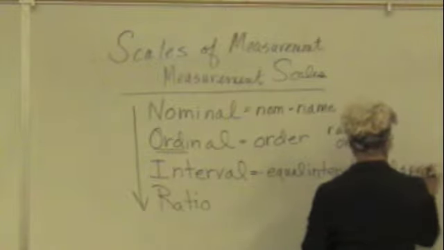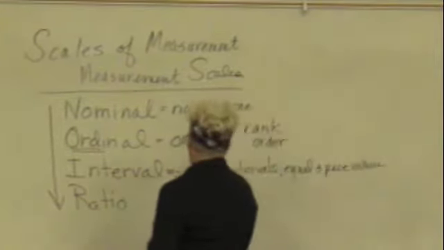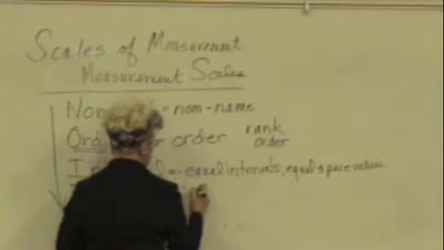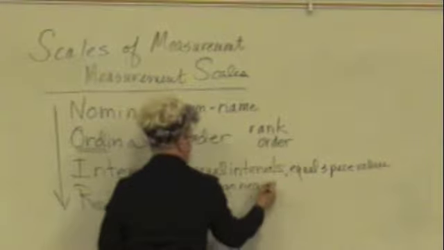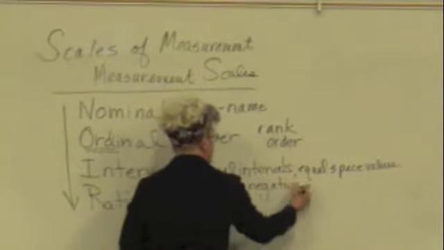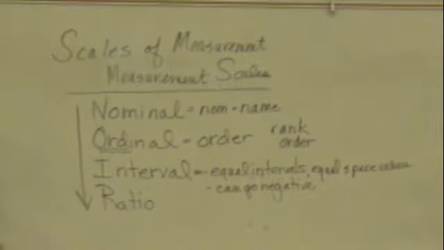So we'll say equal space values. With this one, it can also go negative, meaning 0 is just a placeholder on the number line. So we start out with positive numbers, we hit 0, then we go to negative numbers.